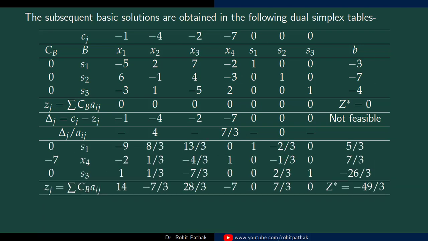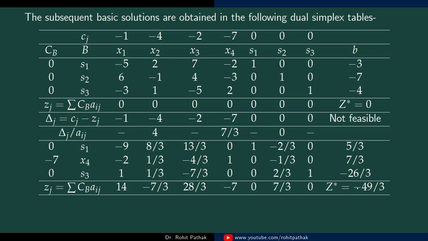So I am writing here Zj. So Zj is again calculated as usual. 0 into minus 9, 0, minus 7 into minus 2, minus 14, plus 14, 0 into 1, 1. So this is 14. Then 7 into this, minus 7 by 3, plus 28 by 3, and so on. Okay.